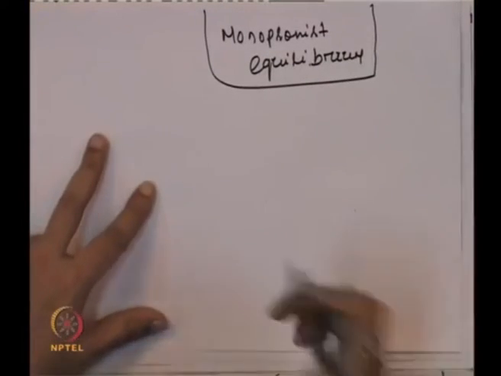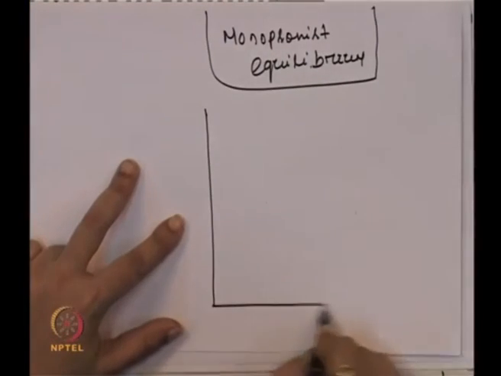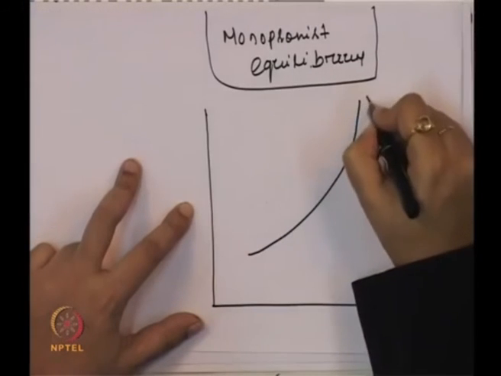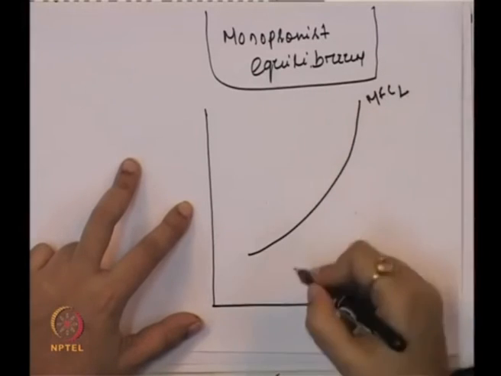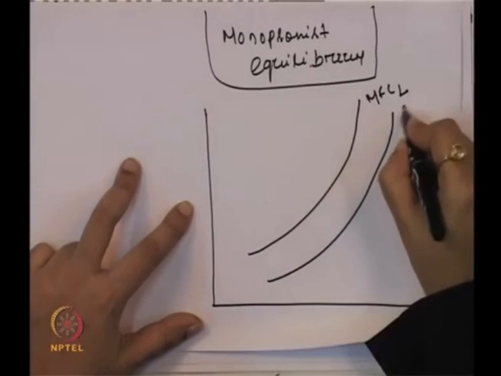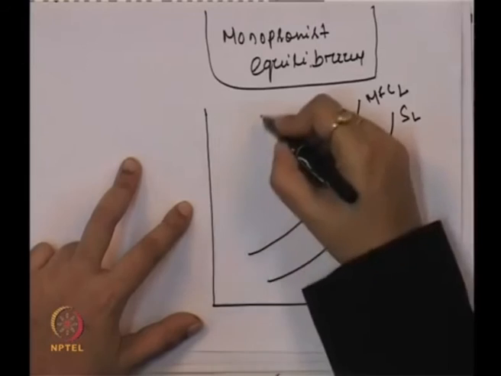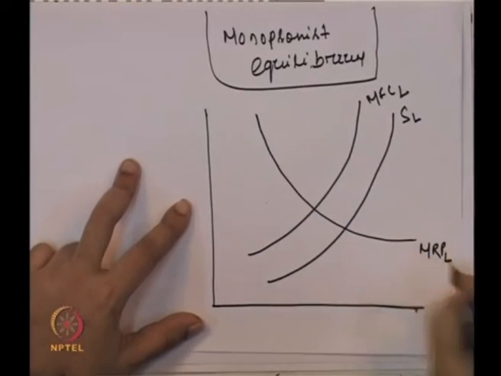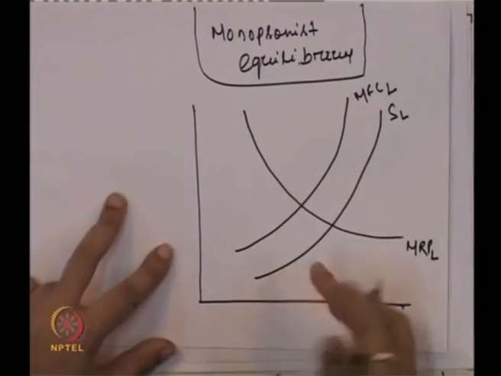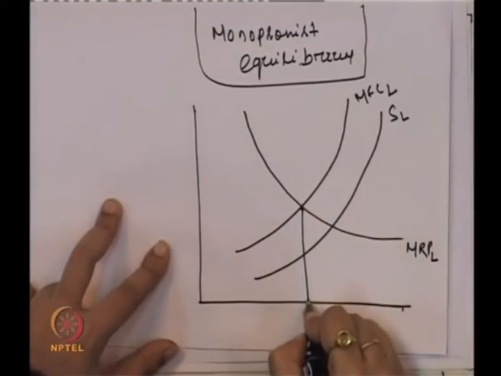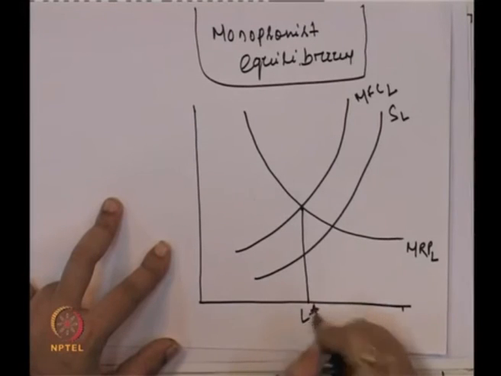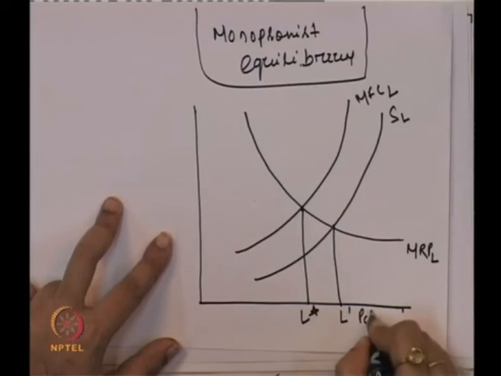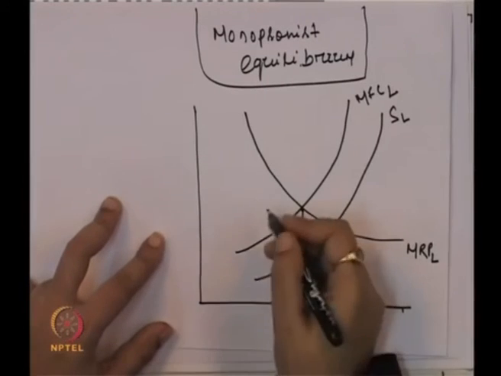Okay, so this is the marginal factor cost for labor, this is the supply of labor, and this is the marginal revenue product for labor. Corresponding to this we get the number of laborers, and here we get another quantity of labor, that is according to perfect competition.